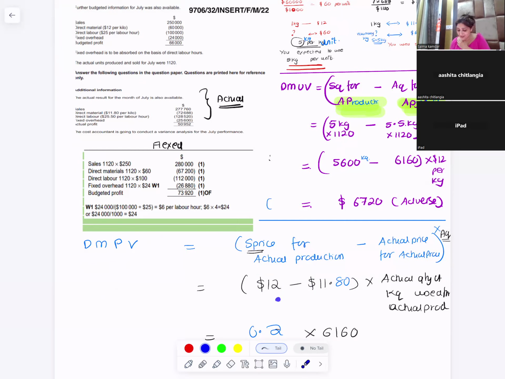You don't need to multiply for actual production again, because here you're multiplying with the actual quantity in kg. You have actually used 5.5 kgs per unit, so actual quantity for actual production is 6160. So you will multiply with 6160.